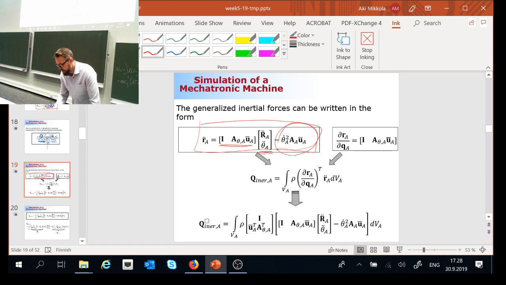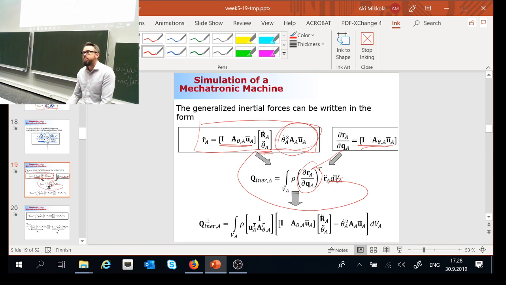And then my mapping matrix, which we concluded can be written like this. This will be substituted into this part of the equation. This will be substituted into this part of the equation. You still with me? Okay, so once I do this substitution, this is how it looks.